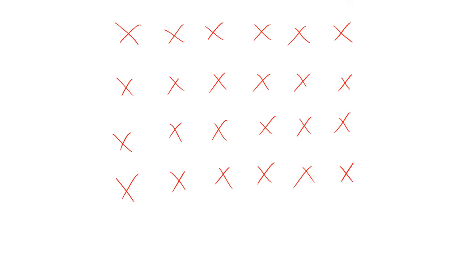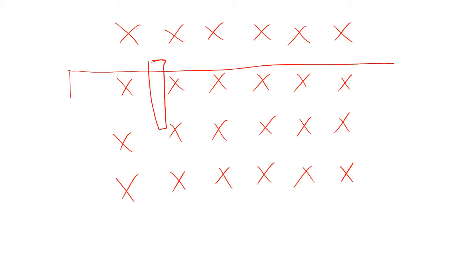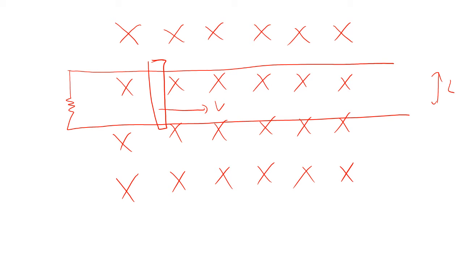Now we have this magnetic field that's into the screen, and I've got a moving object right here, sliding along these rails, connected to a resistor right here. It's sliding along the rails with some velocity v. The rails are some length L apart, the resistor has some resistance R, and the magnetic field is B.